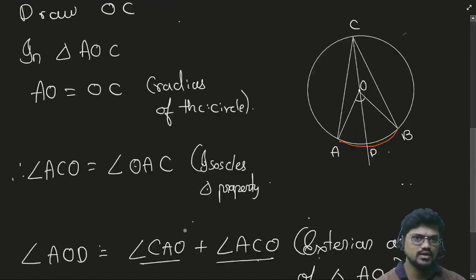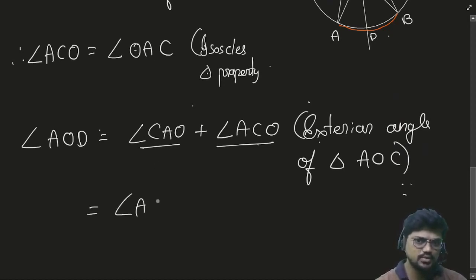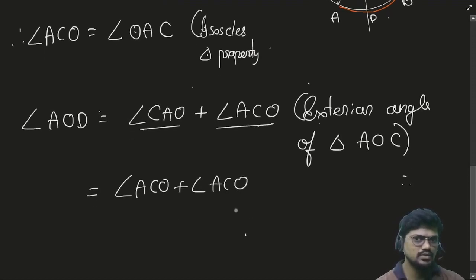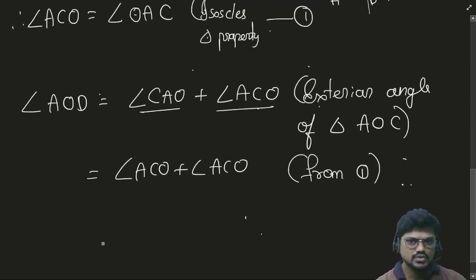So can I write over here, instead of CAO, angle ACO plus angle ACO? Because both are equal. If I write this as 1, so from 1 I can write over here, this will be twice of angle ACO.